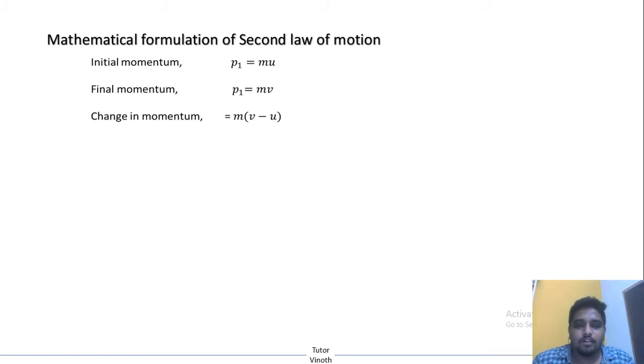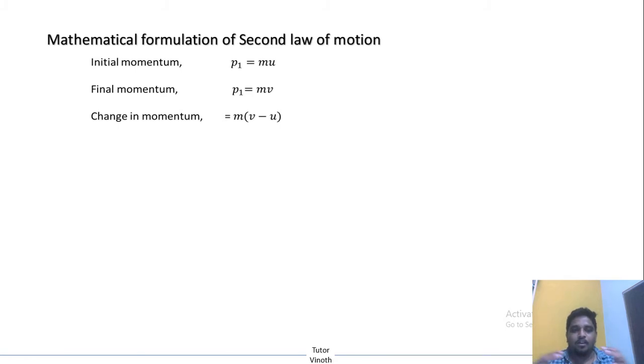Next we see the mathematical formula of the second law of motion. What is the formula? P1 is the initial momentum, m is mass, u is initial velocity, and final velocity is v. The change in momentum is for a particle or object moving from an initial state to a final state.